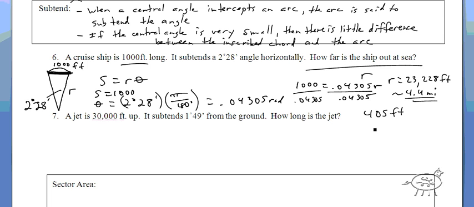And you're saying, well, how far is the ship out at sea? You're saying a 1,000-foot ship is 405 feet out at sea. I mean, it would be right on top of you. That doesn't even make sense, because you could not crunch it in your finger. It would be on top of you and crush you. So just think about it and know what a wrong answer comes out to be when you're using something wrong.